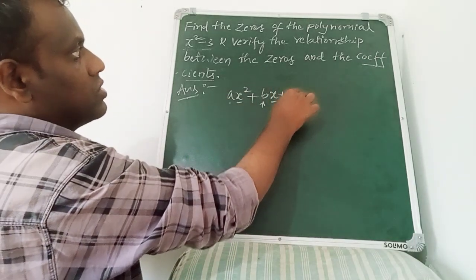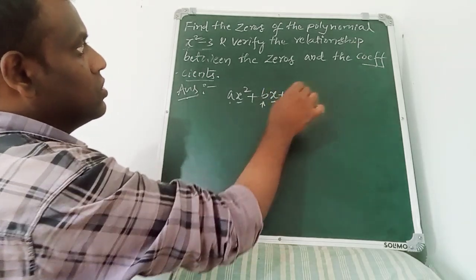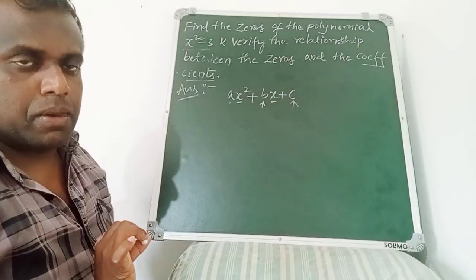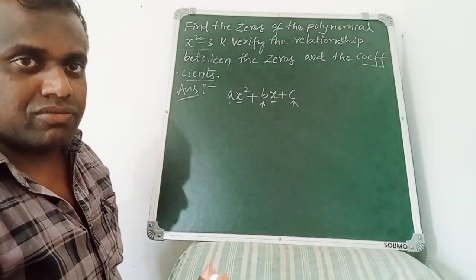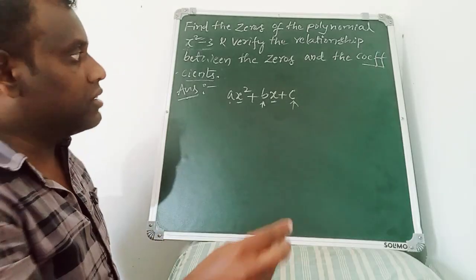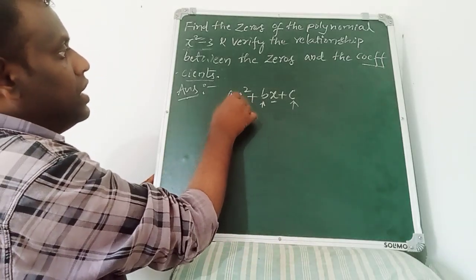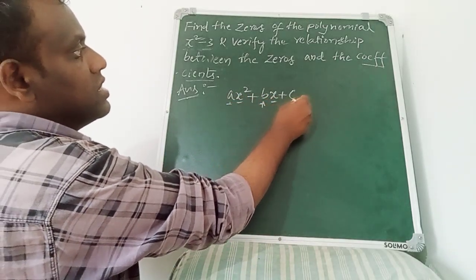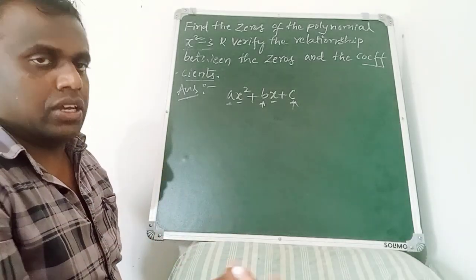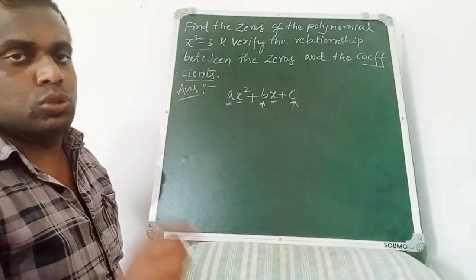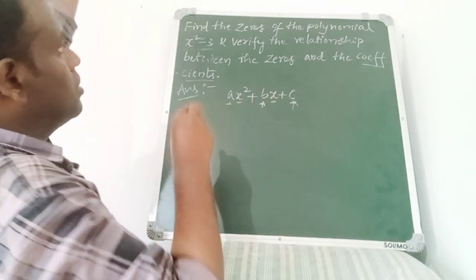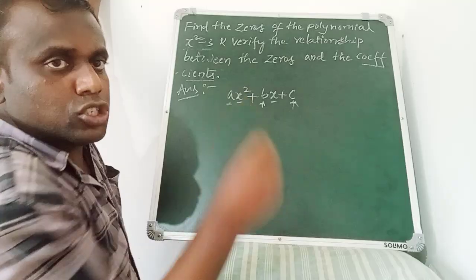And this is the constant. So according to the question, first we have to find the x values, then compare whether they are correct by comparing with these a, b and c values. That is how we will see. First we will find the zeros.